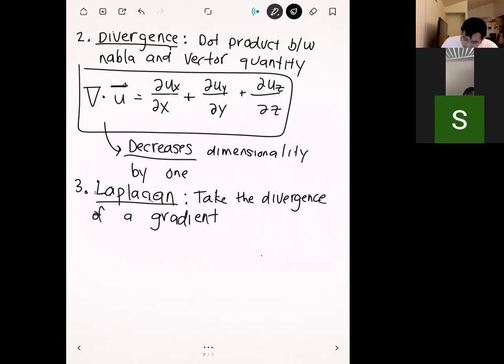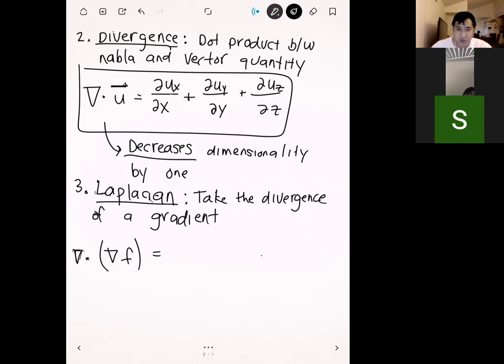And so let's take our scalar function f, that we started with before. And so let's take the gradient of it. Okay. And so if f is a scalar function, if we take the gradient of that scalar function, then we get a vector. Okay. Then we can take that vector, and then we can take the divergence of it, and we can turn it back into a scalar.